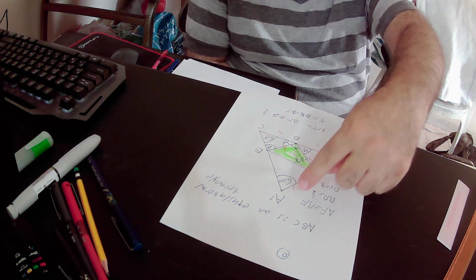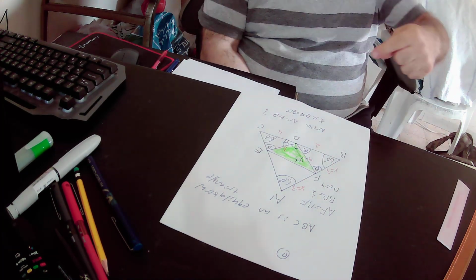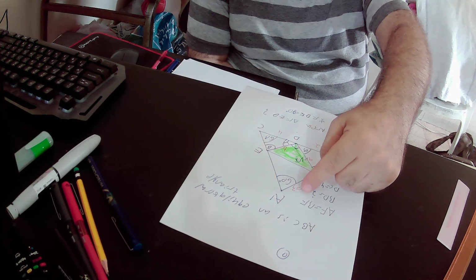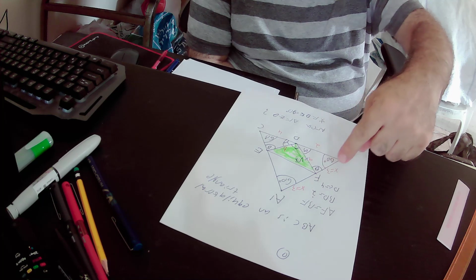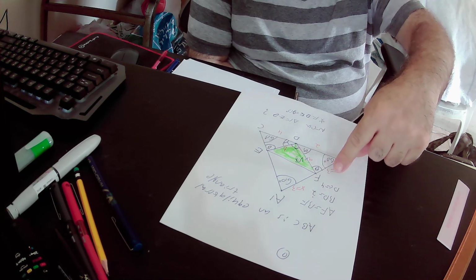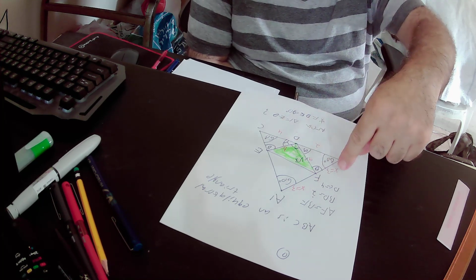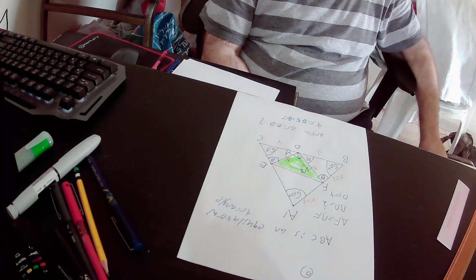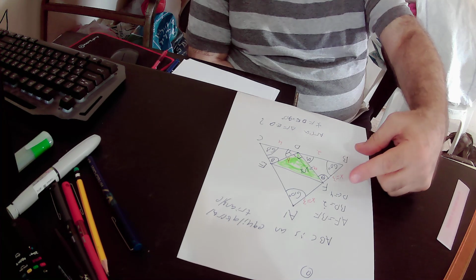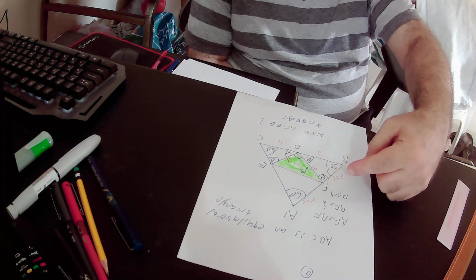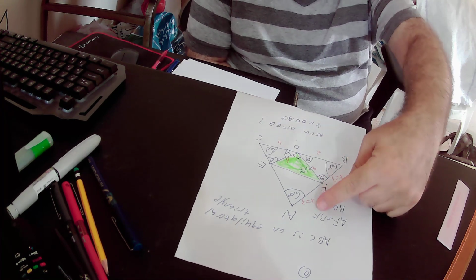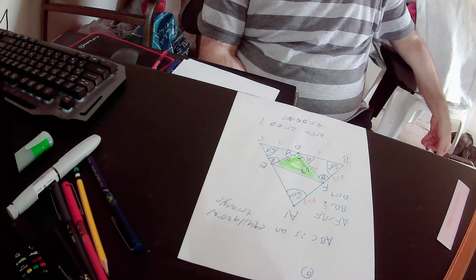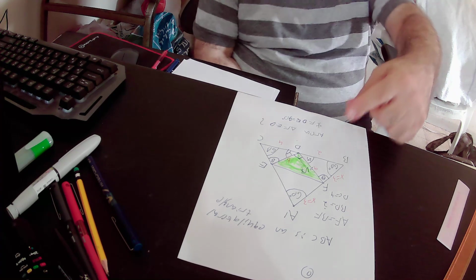And we know that AF equals BF. So if AF equals X, then BF also will be equal to X. So we can write that AB equals X plus X. Okay, AB equals 2X, and we know that AB equals 6 units.